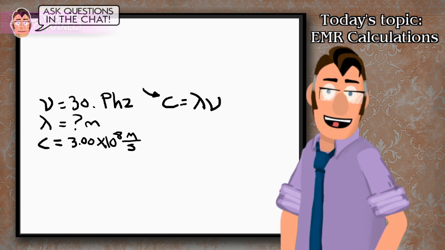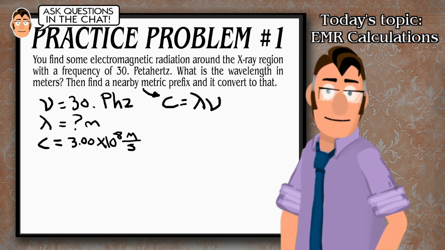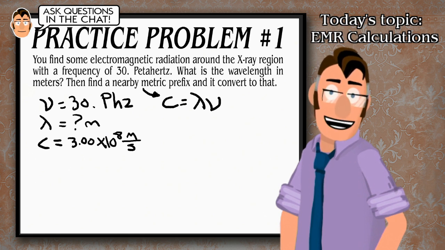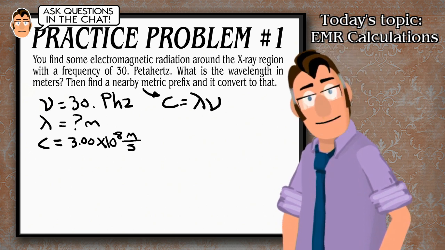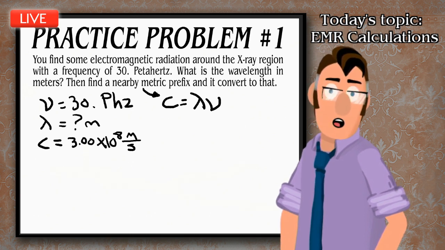So if we go back to the problem here, what we're going to have to do is convert petahertz to hertz. That's not a big deal if you remember your metric prefixes. Let's go ahead and convert that.